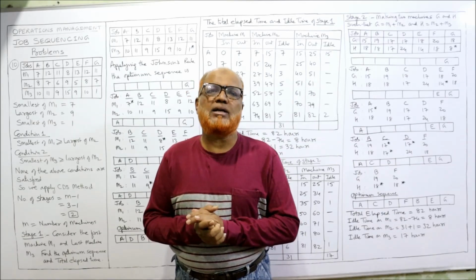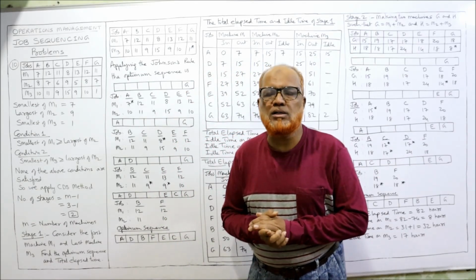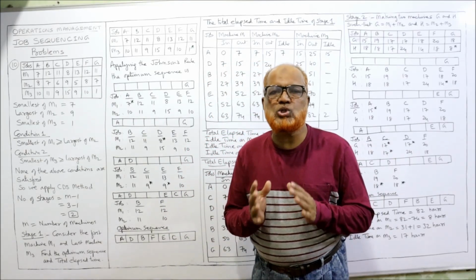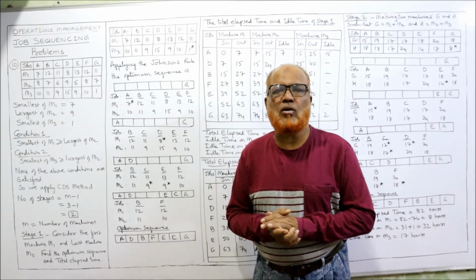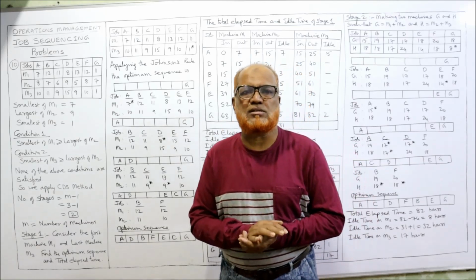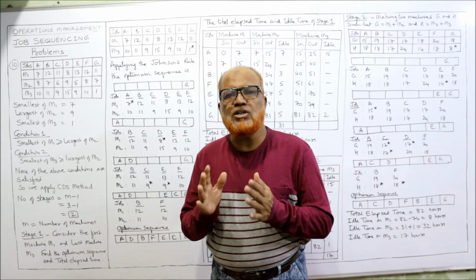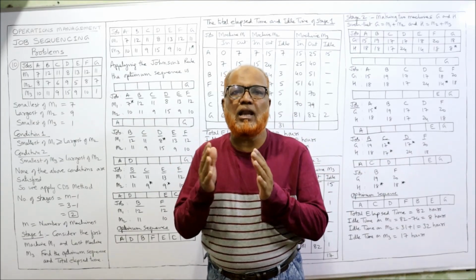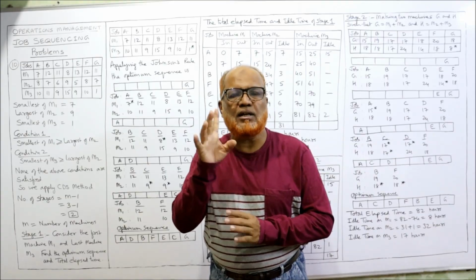The CDS method will be applied whenever the 2 conditions are not satisfied. So first of all, we have to check whether the conditions are satisfied or not. If there are 3 machines, the conditions are: the smallest of M1 should be greater than the largest of M2. First condition.